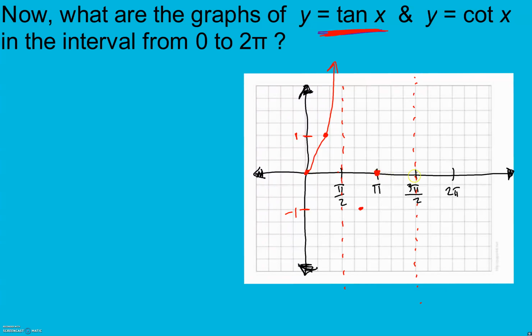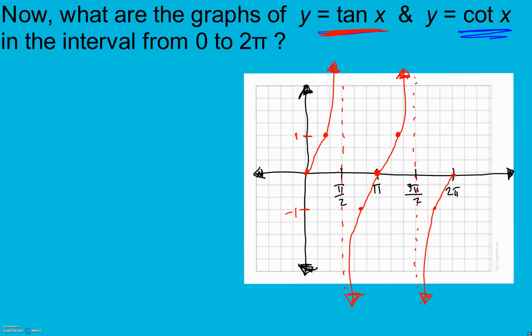Halfway between 0 and our next asymptote is 1, or negative 1, halfway in between negative 1 and 0. So it looks like this. That is our tangent curve. Tangent curve is increasing from left to right.